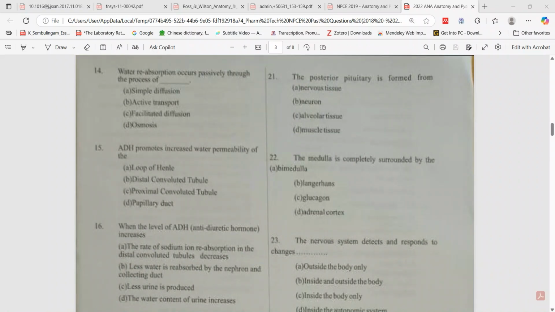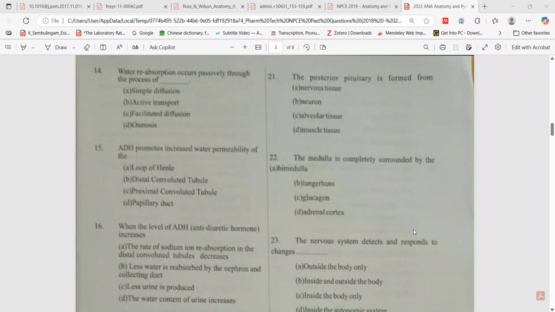Question 21. The posterior pituitary is formed from... We said that the anterior pituitary is a glandular tissue, and the posterior pituitary is another type of tissue.